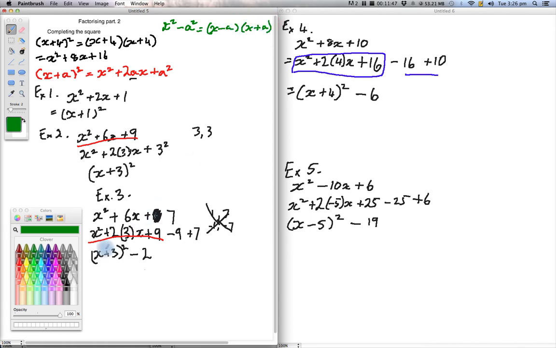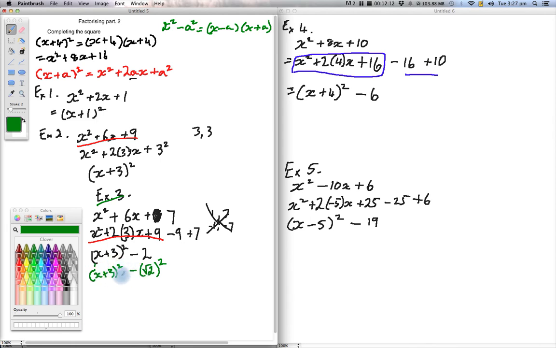Now, check this out. Let's look back to example 3 here that we had before. So we've factorized down, so we've got a perfect square minus 2. But the minus 2 we could change to minus the square root of 2 squared. And this bit will leave the same, x plus 3.